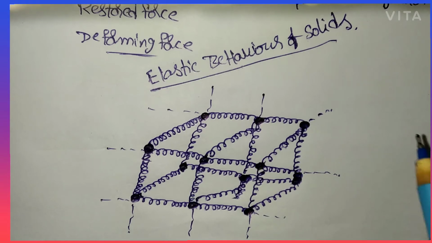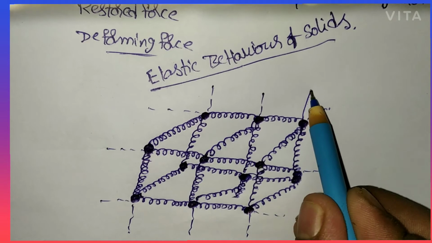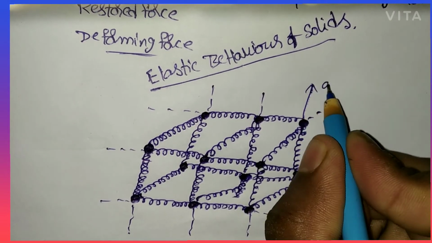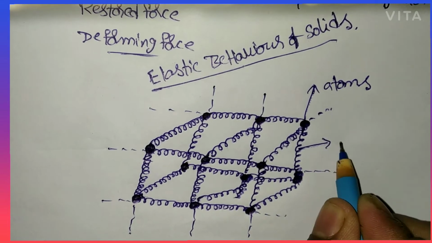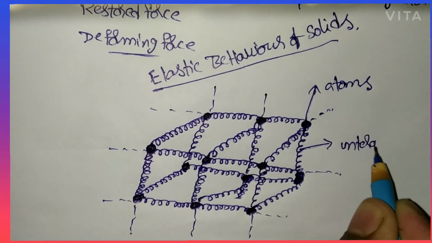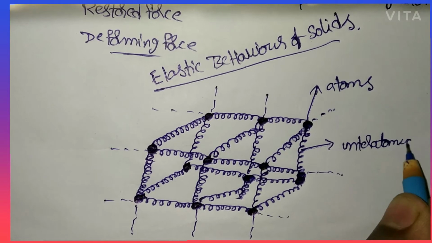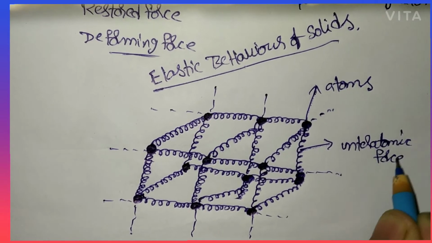Here the balls represent atoms, and the springs represent inter-atomic forces.